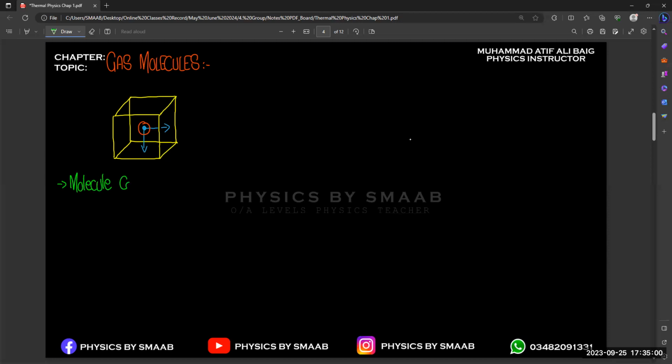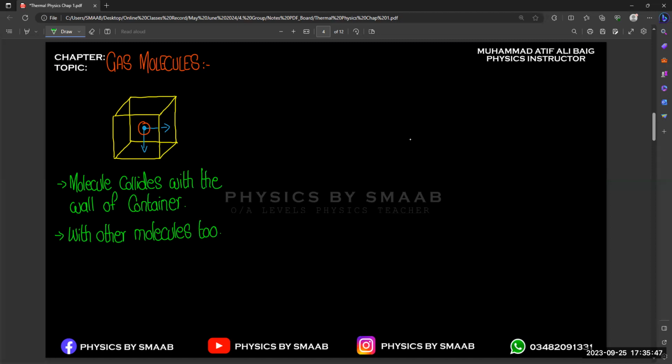The molecule collides with the wall of the container because of random motion, and it also collides with other molecules too. So there are two possibilities for a single molecule: either it collides with another molecule, or the other option is that it collides with the wall of the container.